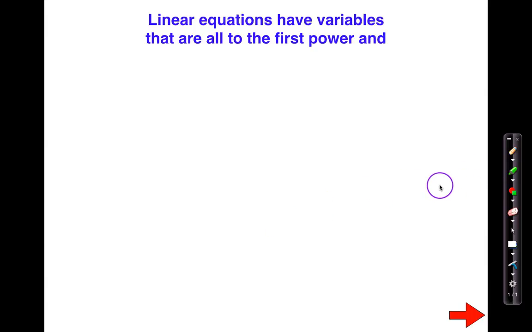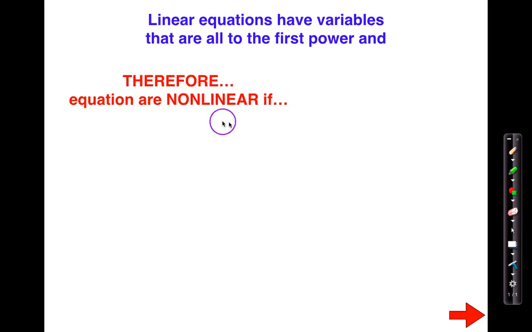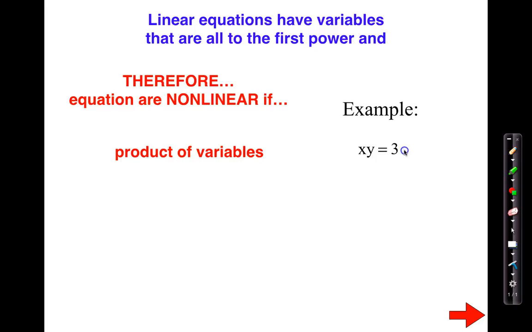So here, you know that linear equations have variables that are all to the first power, so that's made very clear. So how can you tell if something is nonlinear? Well, you know something is nonlinear if you have a product of variables. So let's write down an example: x times y equals 3 would be nonlinear because those are a product of variables.